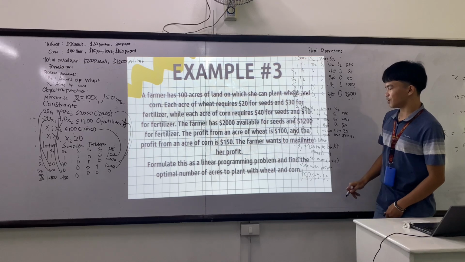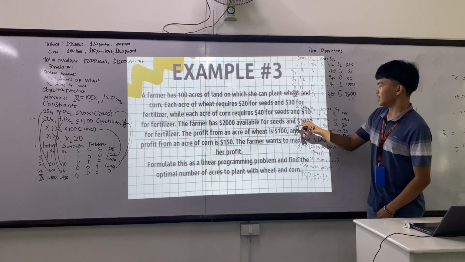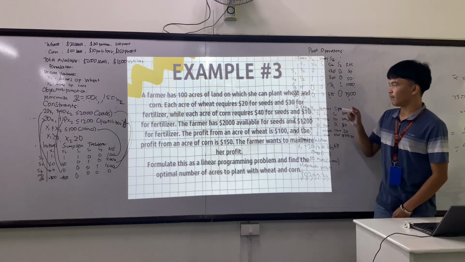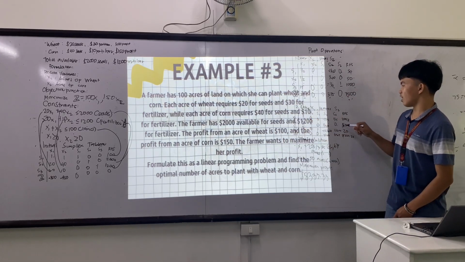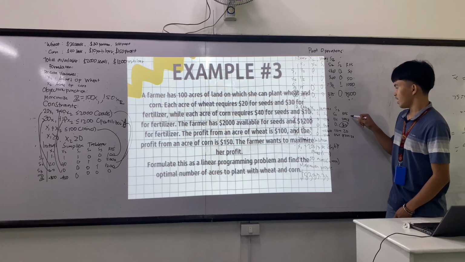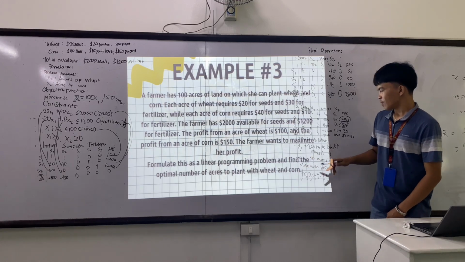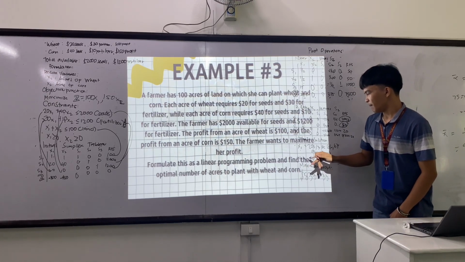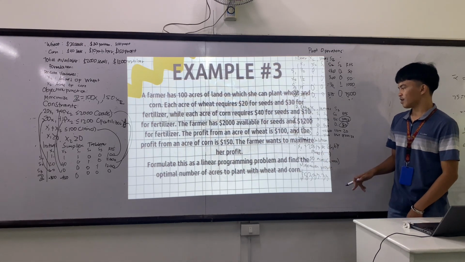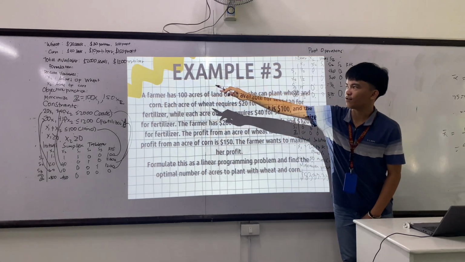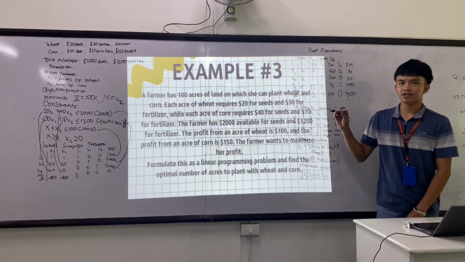In the optimal solution, x sub 2 is equal to 50 acres of corn, which is from the table of pivot operation number 2, where we have the right hand side of 50. So we copy it and put it in the optimal solution. Our x sub 2 is equal to 50 acres of corn, since our decision variable x sub 2 is the acres of corn.